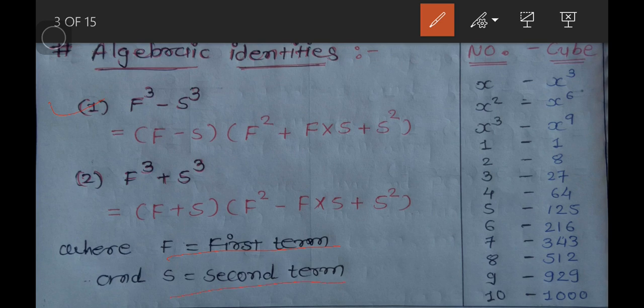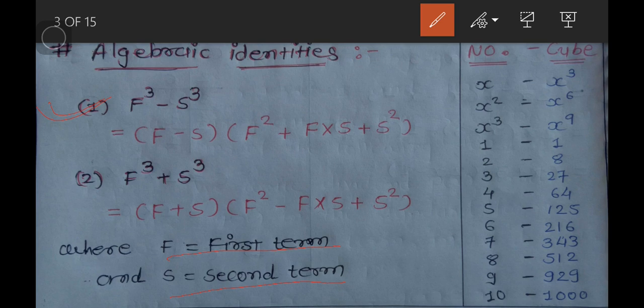I have said that in a cubic polynomial, if there are only two terms, then we can use this method. So here we should have only two terms, f as the first term and s as the second term. So for a cubic polynomial, the first identity is f cube minus s cube, that is, the cube of the first term minus the cube of the second term.